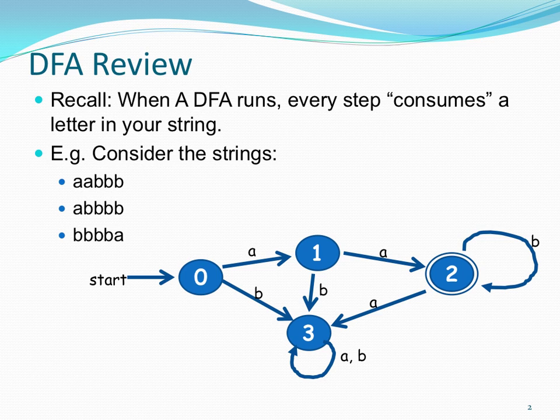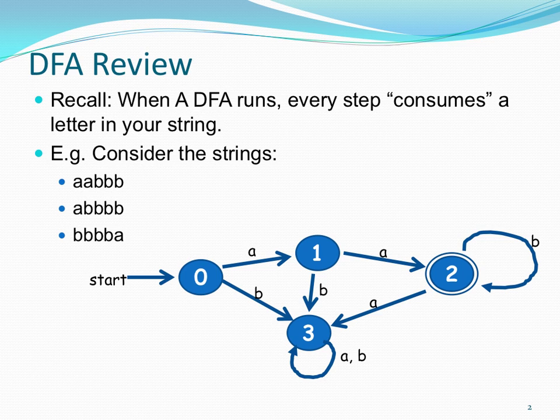So for example, if I have this DFA, and we consider these different strings that I've got here. As the DFA runs, if we say it's running, now you can see kind of why I said it's sort of like a computer. As this DFA is running, every step consumes a letter in our string. So for example, if we're looking at this string, we start with that first A, and we take that step.